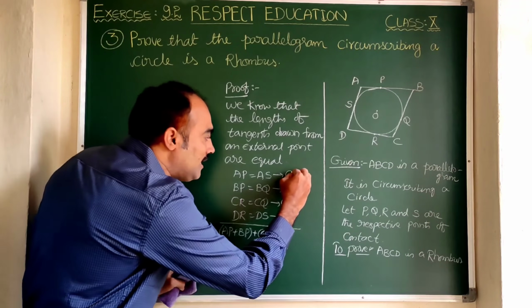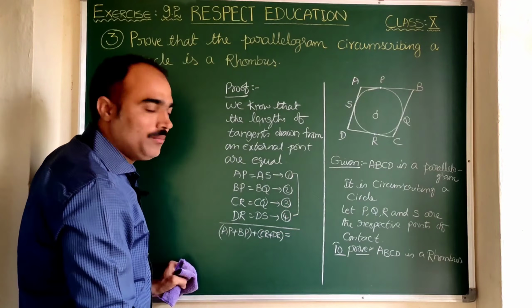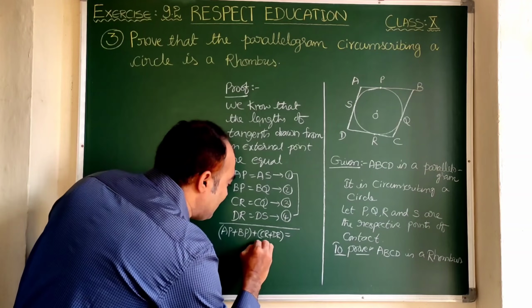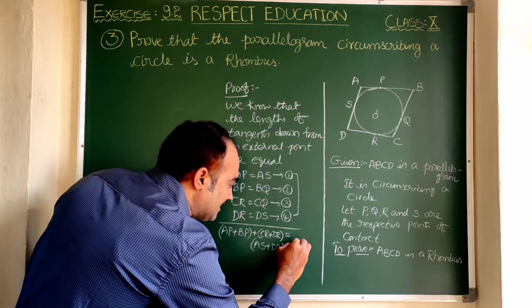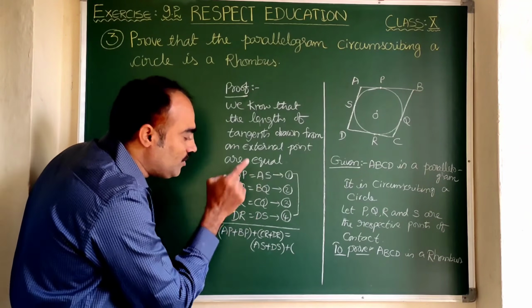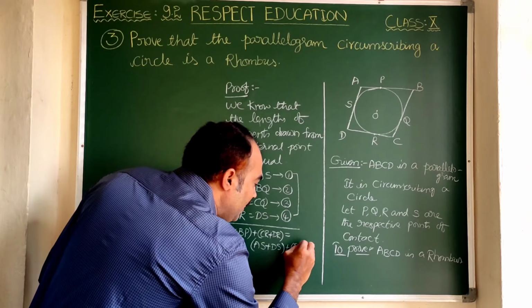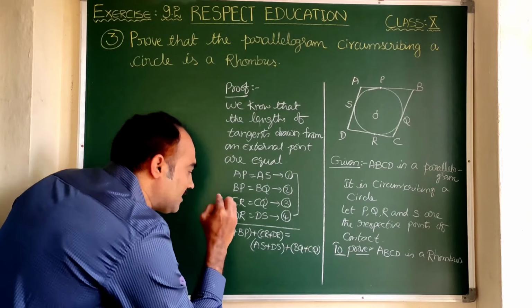But here I am going to write these two together. In addition we can alter it, it's not a problem. So here AS plus DS I am writing together, here I added first one and fourth one, remaining BQ plus CQ.